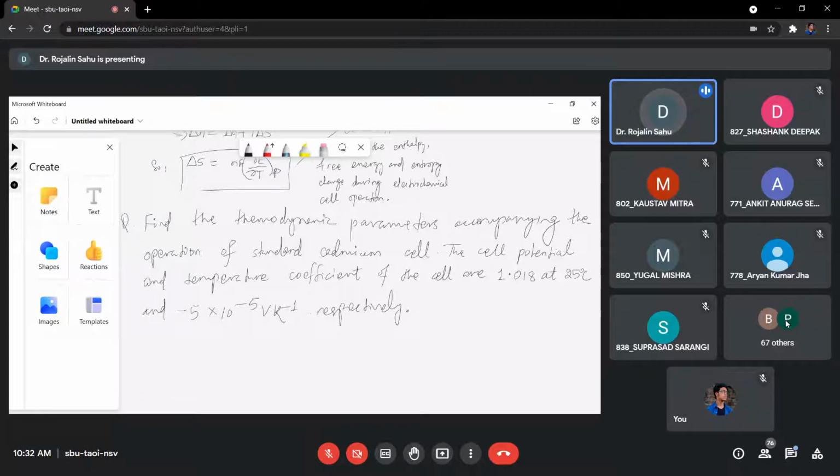And the thermodynamic parameters accompanying the operation of a standard cadmium cell, the cell potential and temperature coefficient. Here temperature coefficient is del E by del T at constant pressure. So this is called your temperature coefficient.